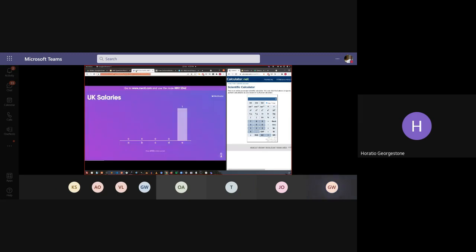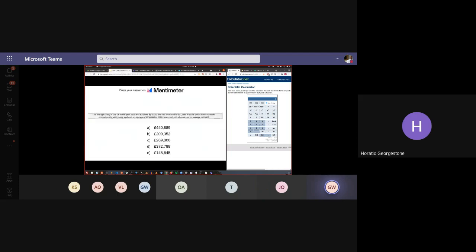Okay, so we only got one answer, which is E. Well, that is correct. Well done, whoever that was. So it is E. So the average salary in the UK in the year 2000 was £18,000.